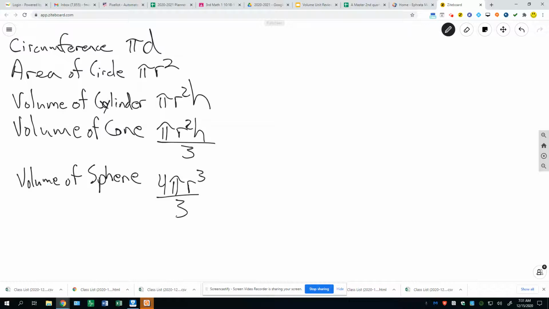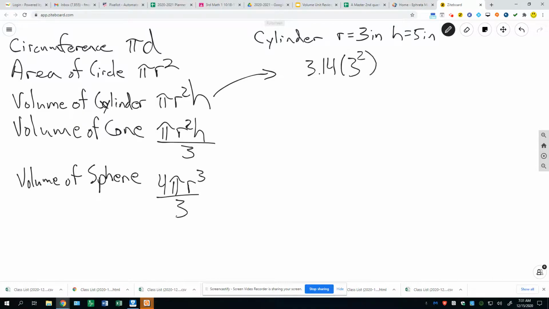Okay. So if I've got a cylinder and it tells me the radius is, let's say, 3 inches and the height is 5 inches, then I'm going to look at bringing that over, and I'm going to go 3.14 times 3 squared, which is 3 times 3, times 5.